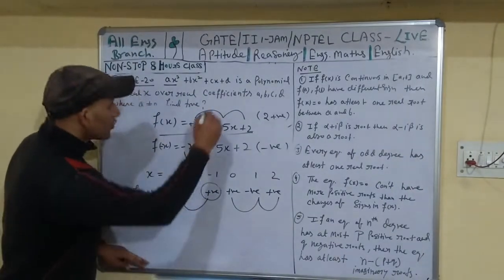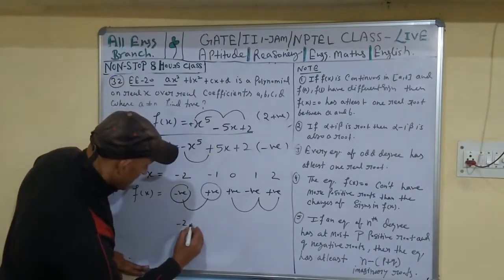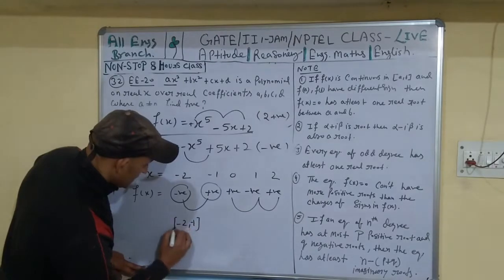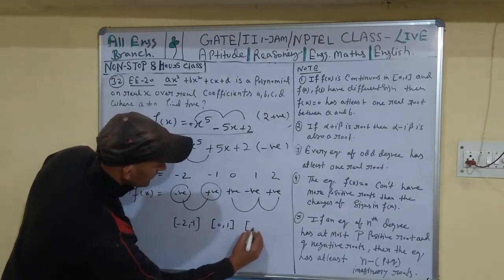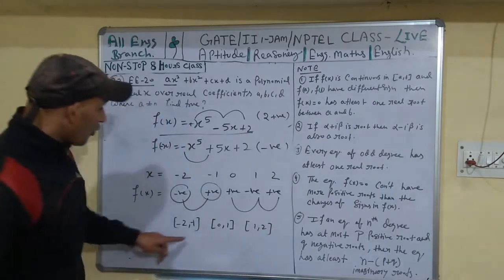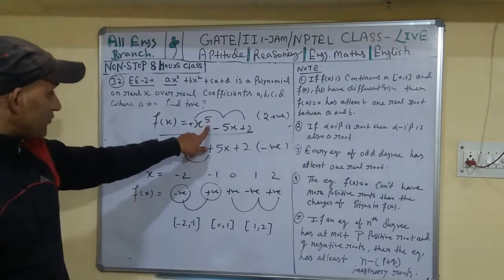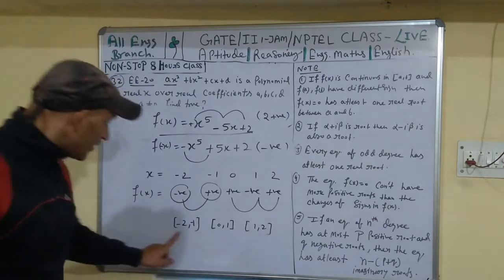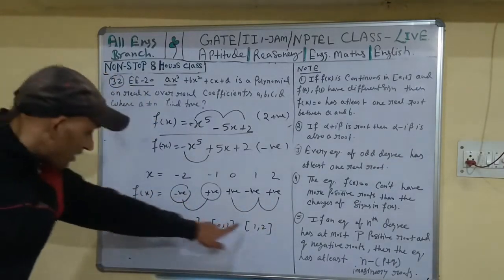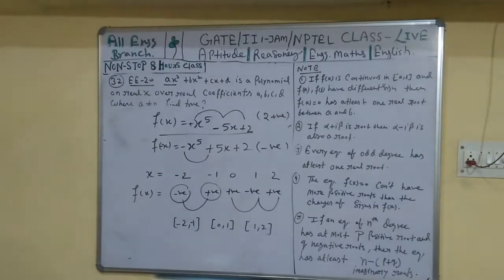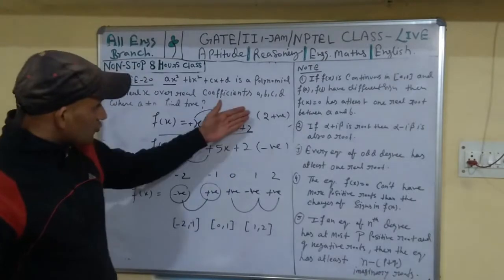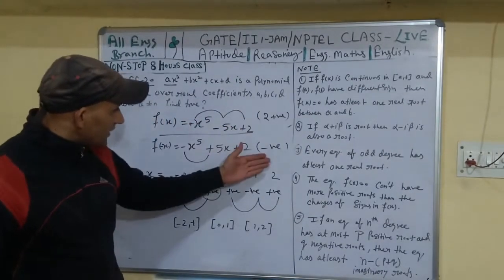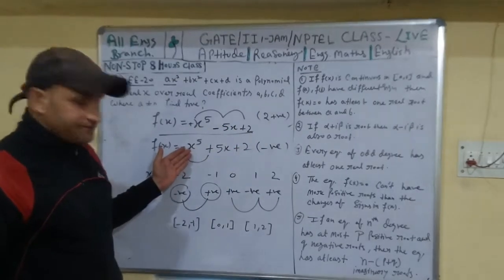So the roots will lie between minus 2 and minus 1, 0 and 1, and 1 and 2. There are a total of 5 roots, and 3 real roots will lie between these intervals, and the remaining roots may be complex. So there are a total of 2 positive roots and 1 negative root.